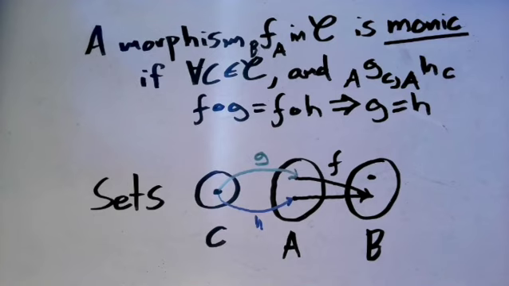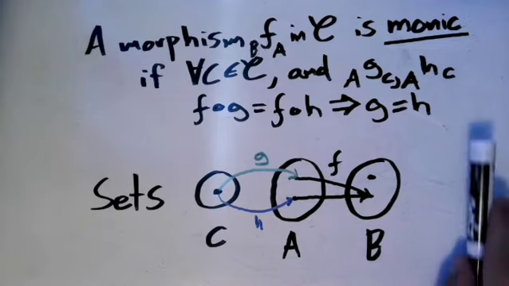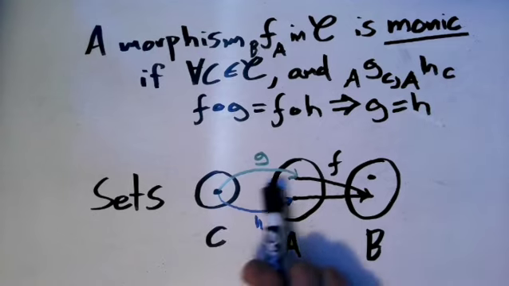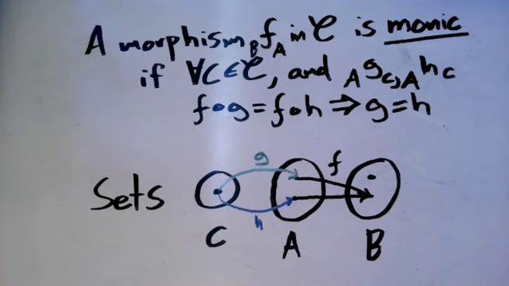Notice that here we see that F is not an injective function. For F to be injective, every element of the codomain B could only be mapped to by at most one element of the domain A. However, here we have two distinct elements of A, both being mapped to the same element in B. Therefore, F is not injective. However, if F were injective, notice that this property would then always be satisfied, because we would never be able to have this expanding and collapsing pattern when doing composition.